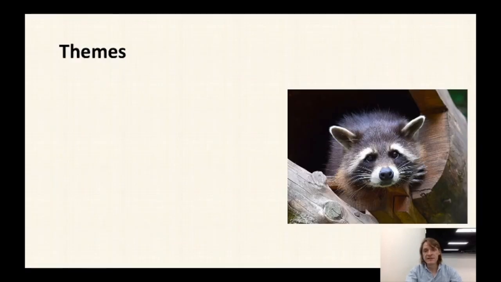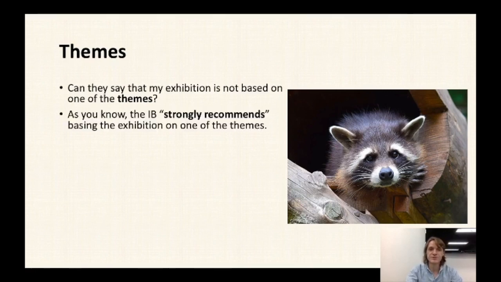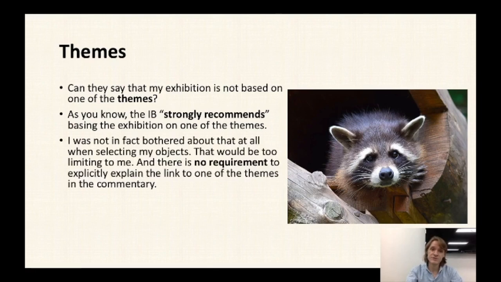And finally, the themes. Can they say that my exhibition is not based on one of the themes, and can it potentially create a problem in terms of marking? As you know, the IB strongly recommends that the exhibition is based on one of the themes. And as you could have noticed, when I was creating this exhibition sample, I was not in fact bothered about themes when I was selecting my objects.